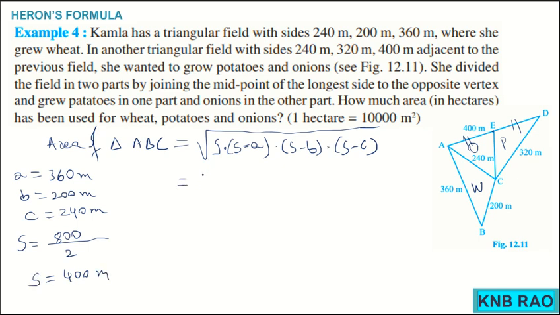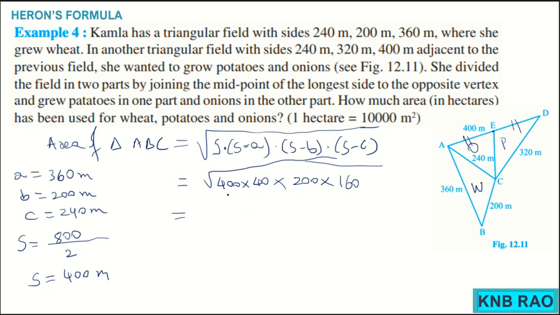Now substituting them here, root under 400 into 400 minus 360 is 40, 400 minus 200 is 200, 400 minus 240 is 160. So root under 400 into 40 into 200 into 160.